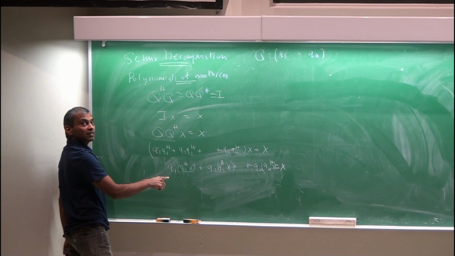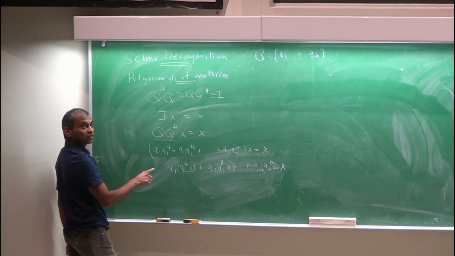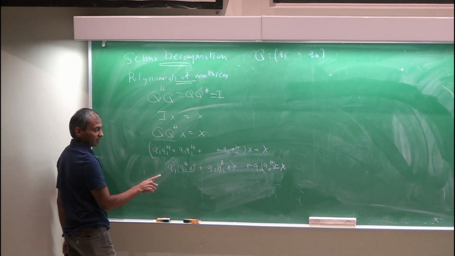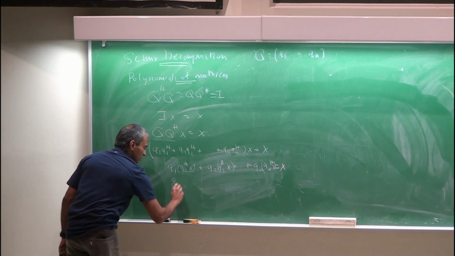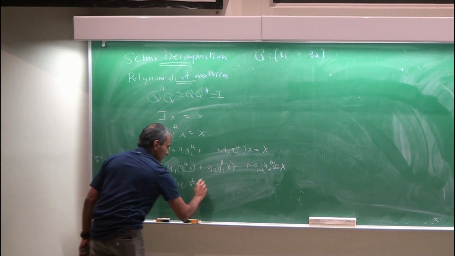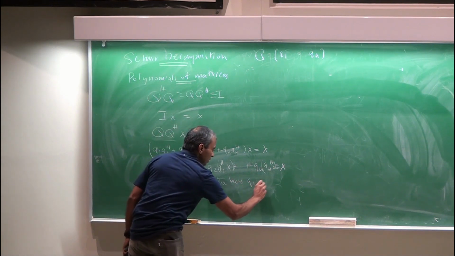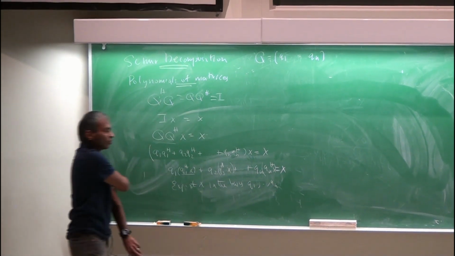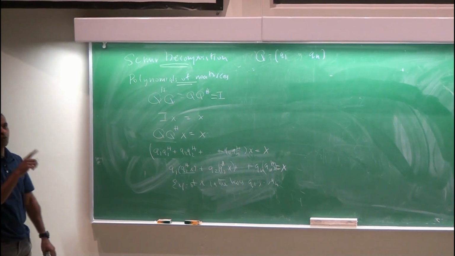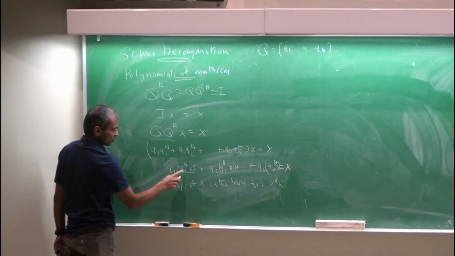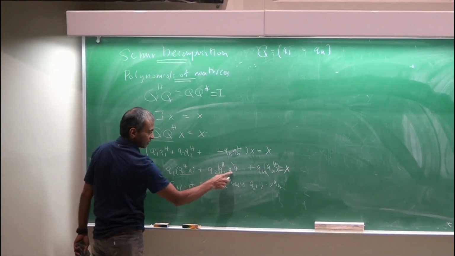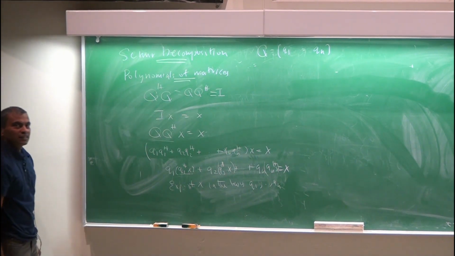So this gives us the expansion of x in the basis Q1 through Qn. The coefficient for Q1 is Q1^H x, the coefficient for Q2 is Q2^H x, and so on.